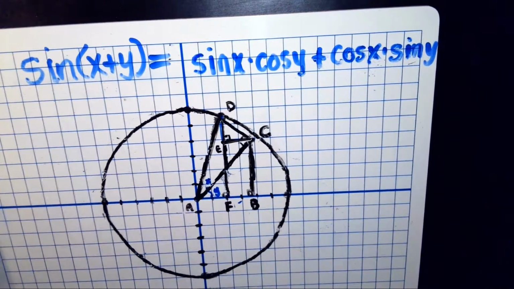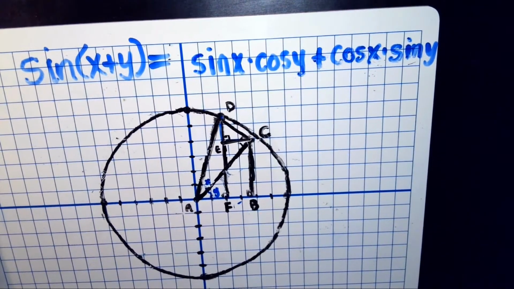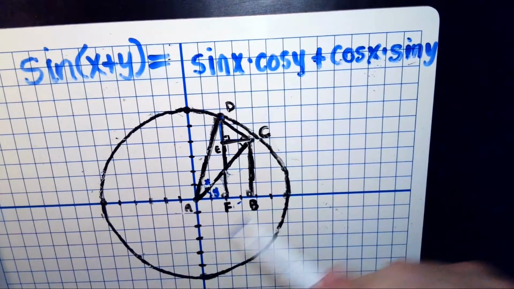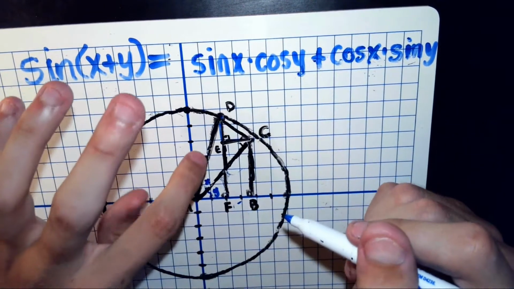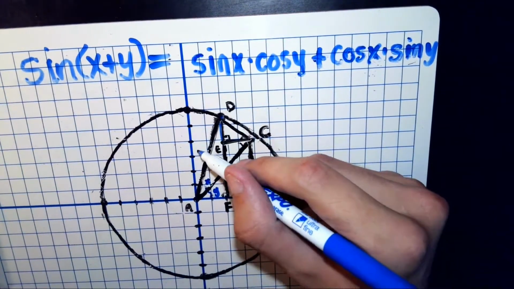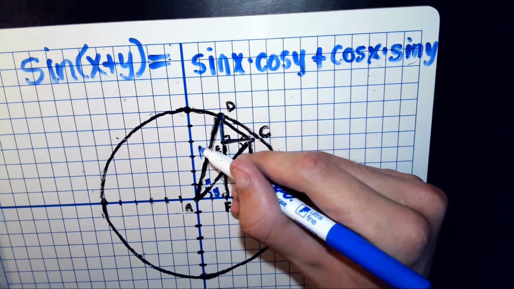So let's begin by trying to fill in as much information in this diagram as possible. We're given this diagram, and to start, note that the length AD is 1 because we're dealing with a unit circle.